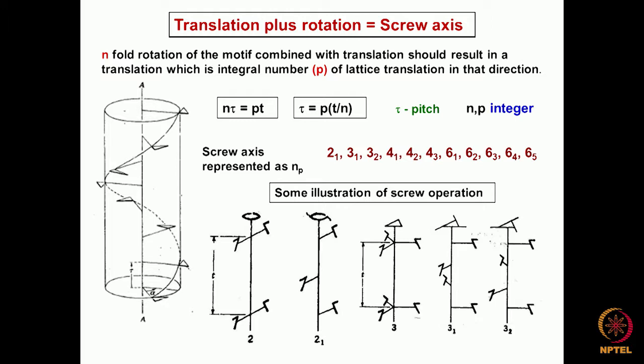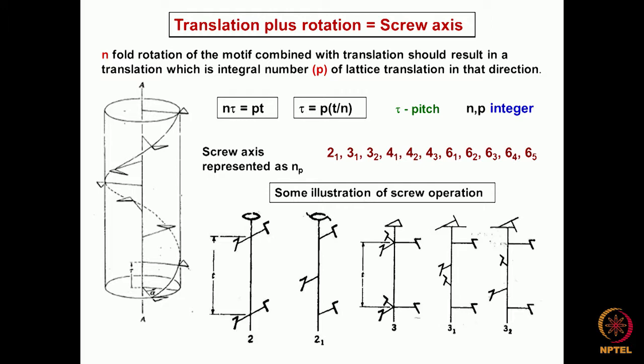From one point to another, when we go from here to here, this is one asymmetric motif, and along this axis a 6-fold rotation is there. If it were just a 6-fold rotation around this direction, an identical point would have come where all the motifs would have been placed.